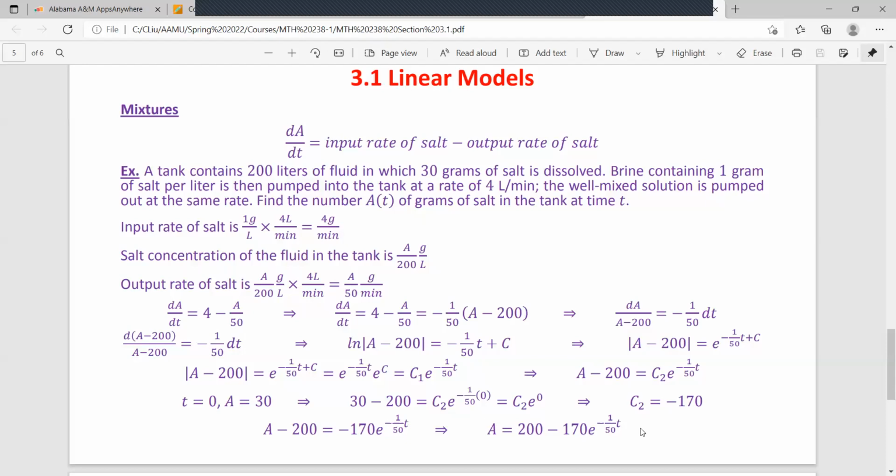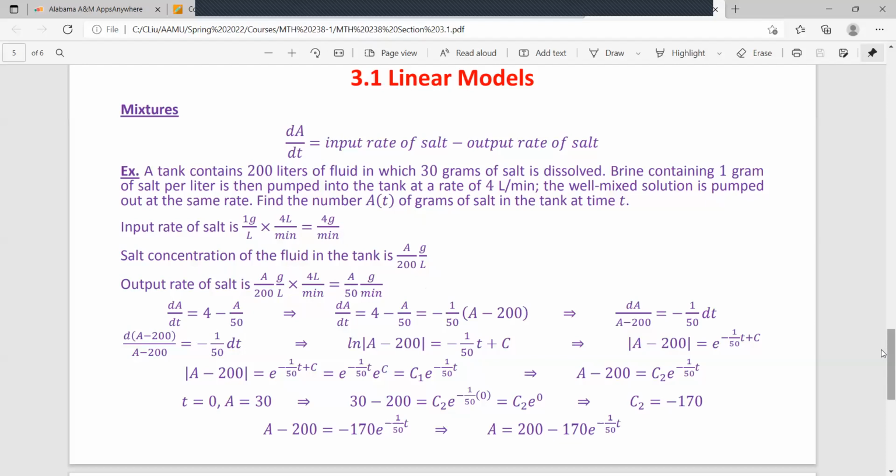So once again, the solution is not complicated, but you do need to find out the input rate and output rate before you even set up the differential equation. To solve the equation is not very difficult.